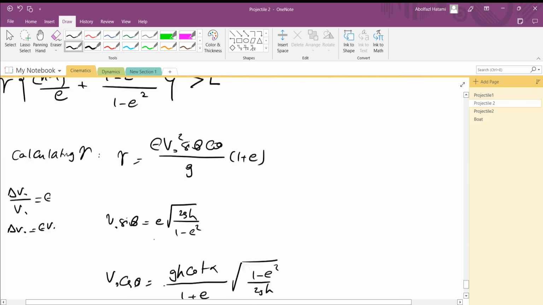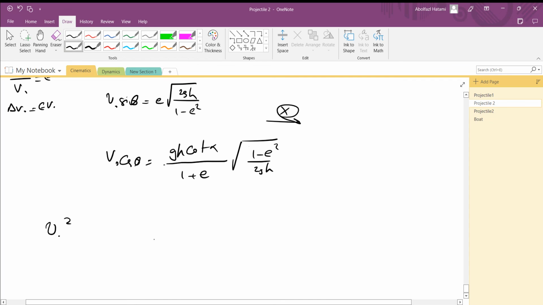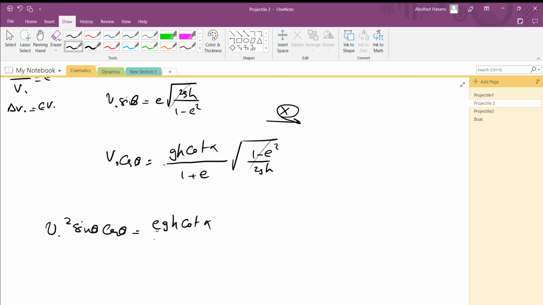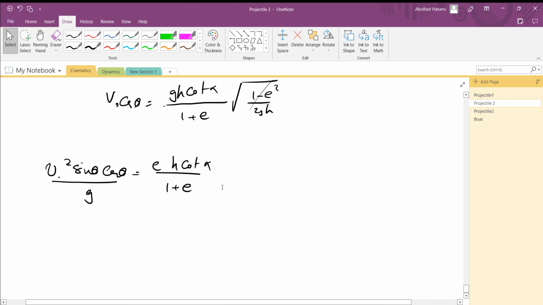If I multiply them with each other, I can obtain V0 square sine theta cosine of theta as this, which is going to eliminate this, and we just have e gh cotangent of alpha over 1 plus e, which I can divide both sides with g, and now I have this expression we square here.